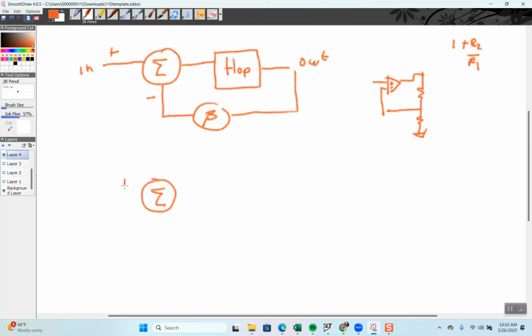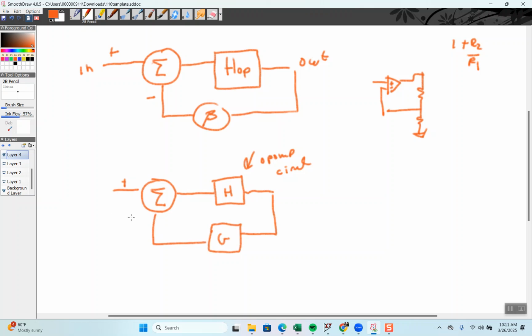Now then I did a more generic one. I have a positive input and I have H, which could be an op amp circuit. And then rather than just a scale, it could be a function of S, right?